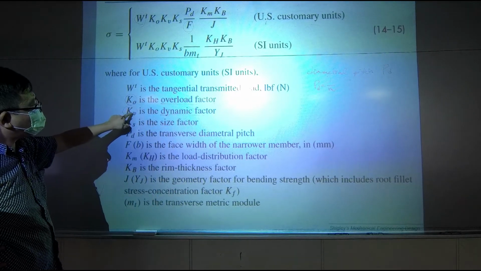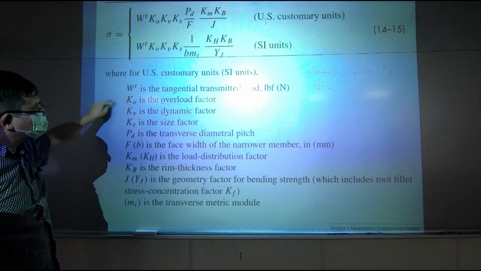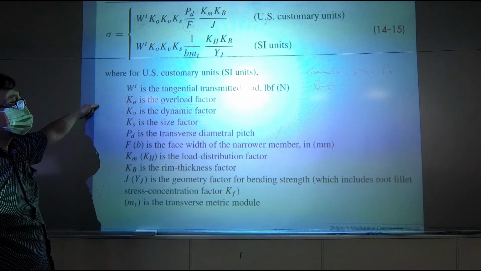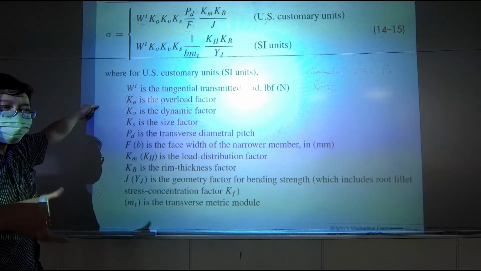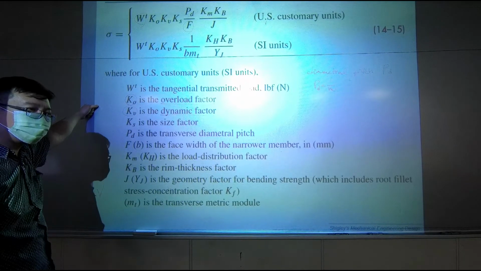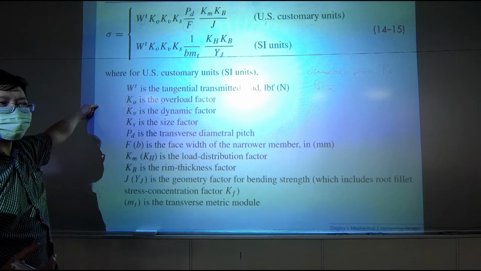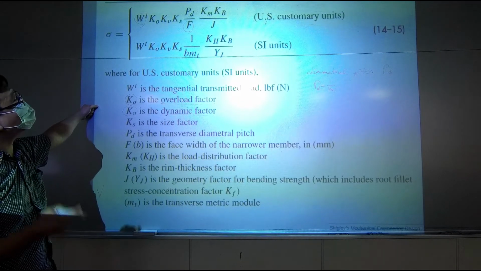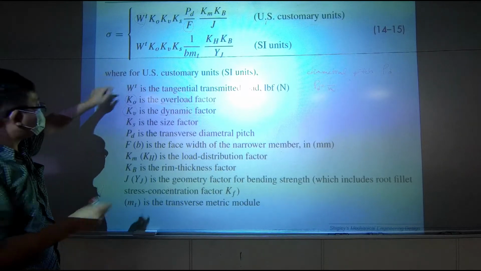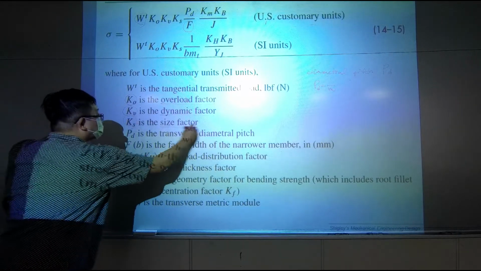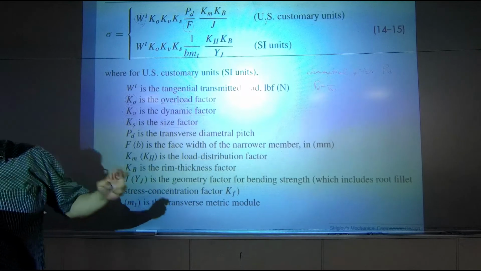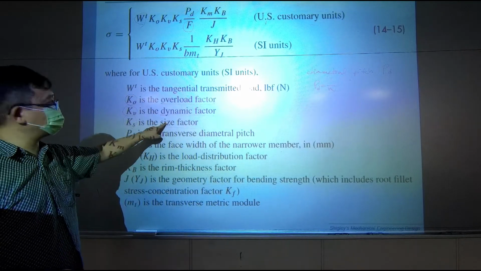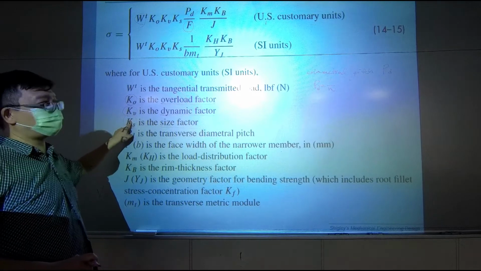The reason why they use V is because this factor depends on the velocity of the gear. So when you rotate the gear faster, there are more concerns about the strength of the gear teeth. KS, size factor. So if I have everything the same but different sizes of the gear, there is a factor as well.